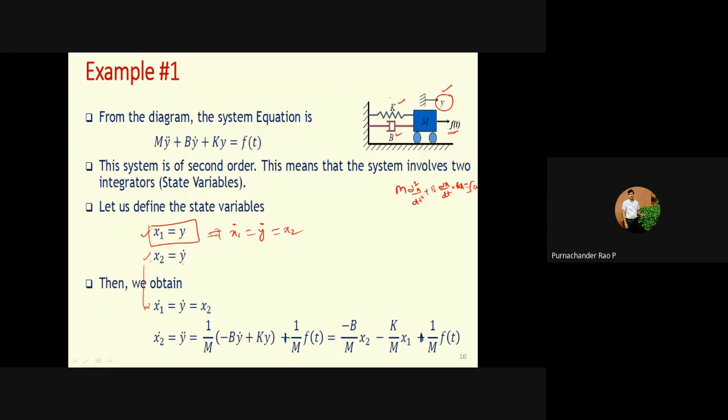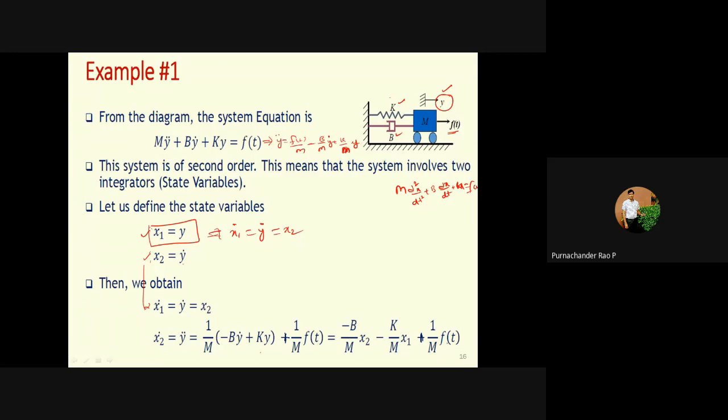But from the first equation, y double dash is equal to f of t by m minus b by m into y dash minus k by m into y.